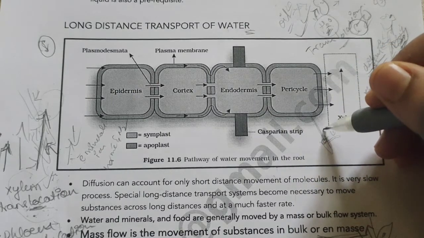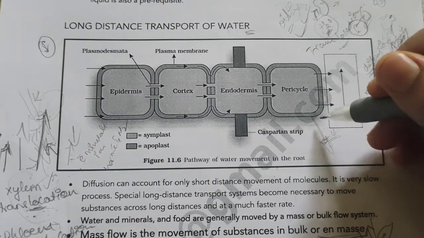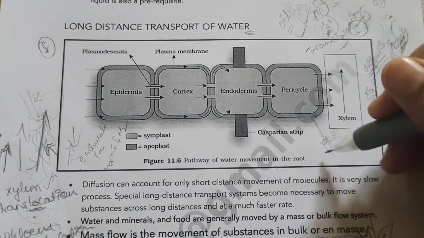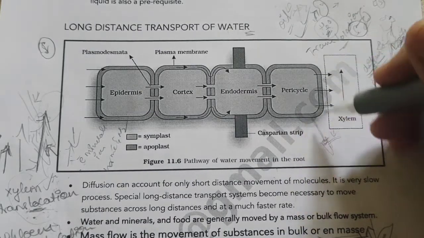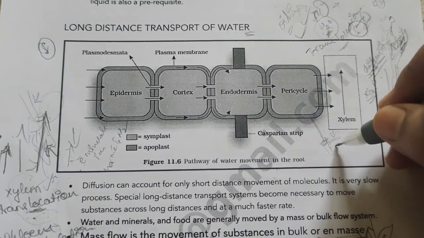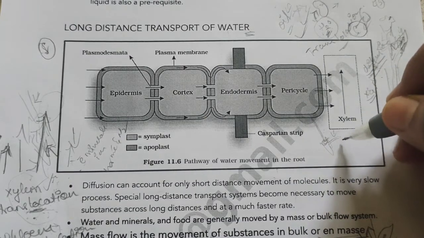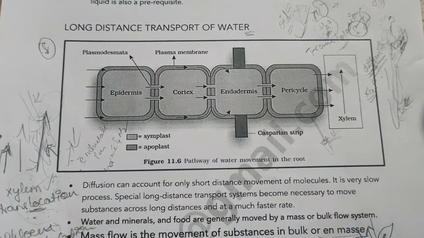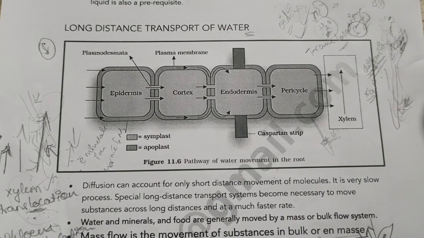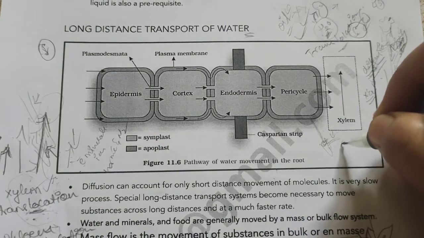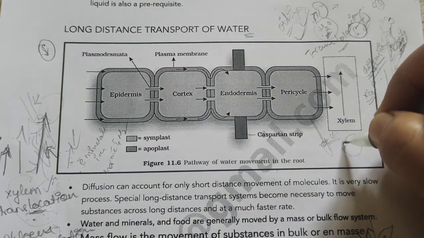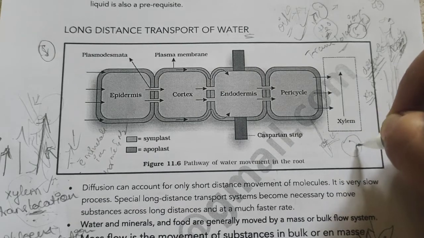The transportation of water inside plants over such a long distance is just not possible by a process called diffusion, because diffusion is a very slow process, and due to diffusion substances may move only over shorter distances.